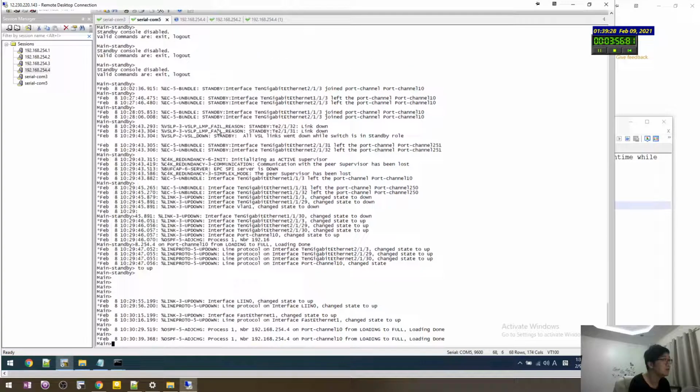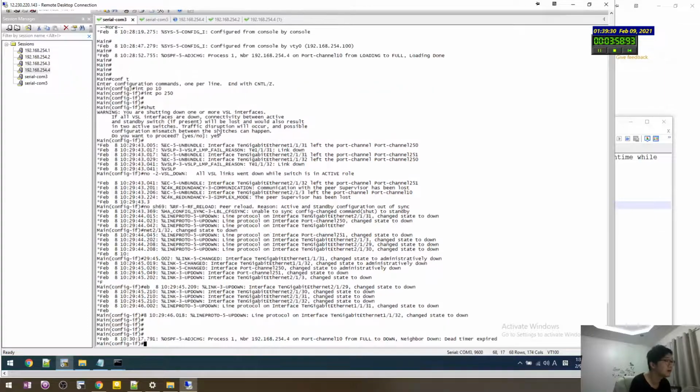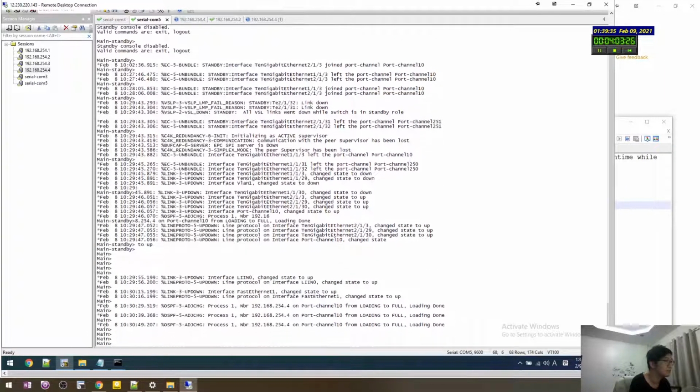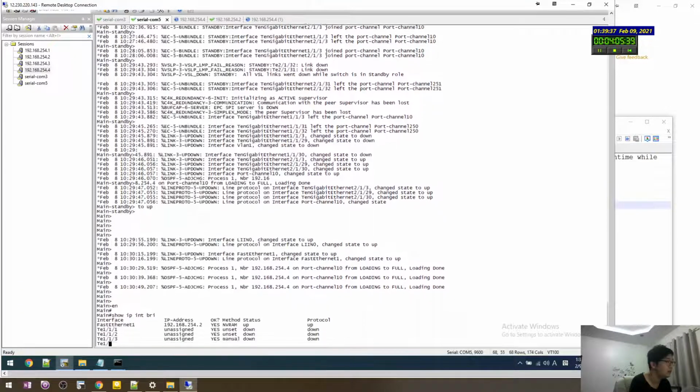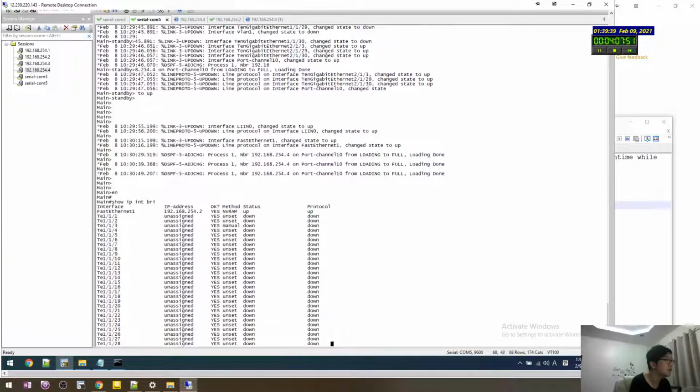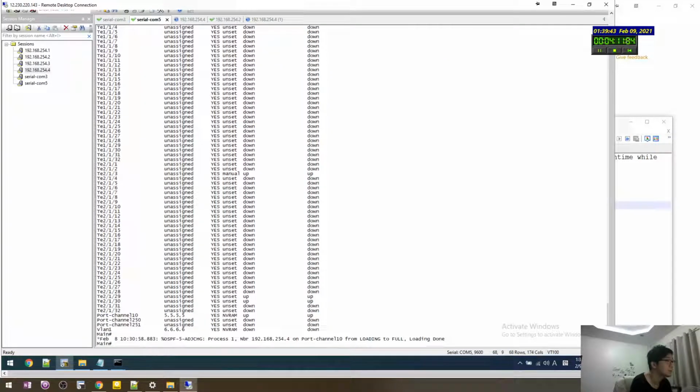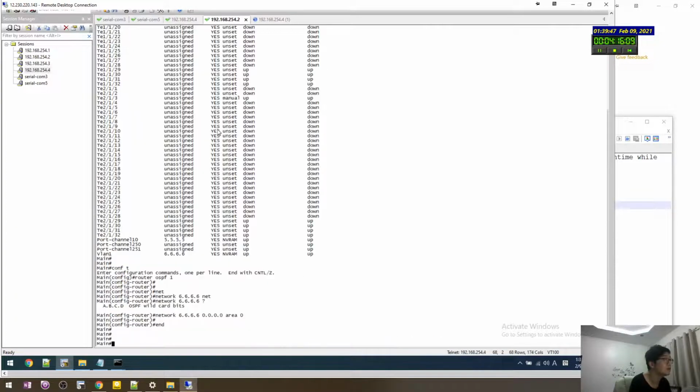Dual active is horrible. You have also routing, right? But why? VLAN down. That's right.